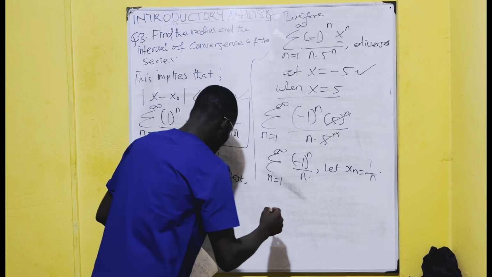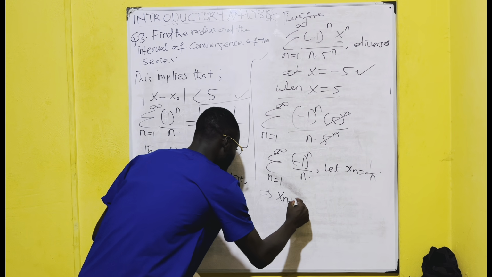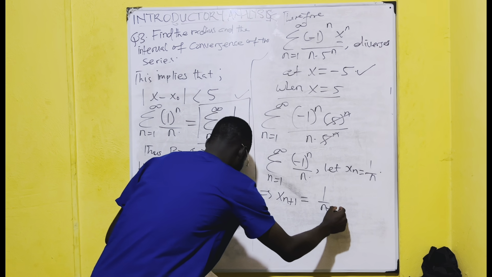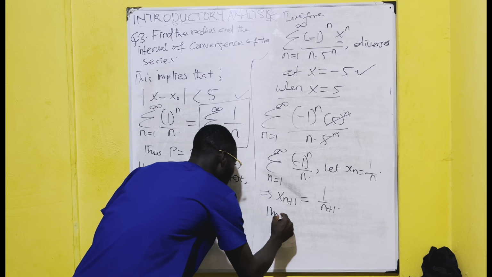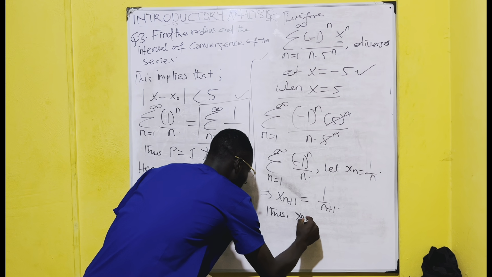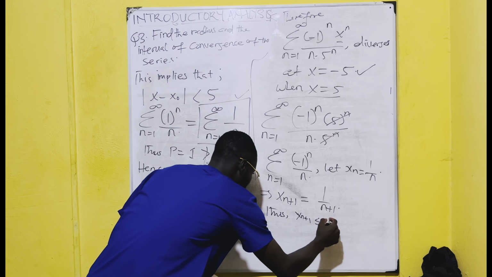All right? So this implies that Sn plus 1 will be equal to 1 over n plus 1. Right? So Sn plus 1 is less than or equal to Sn.